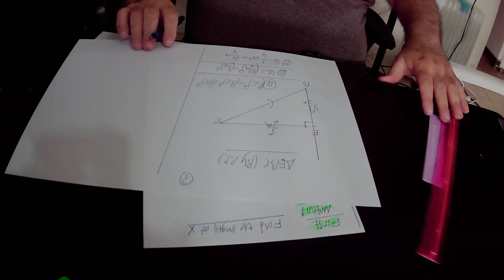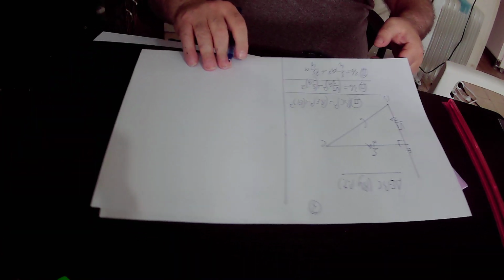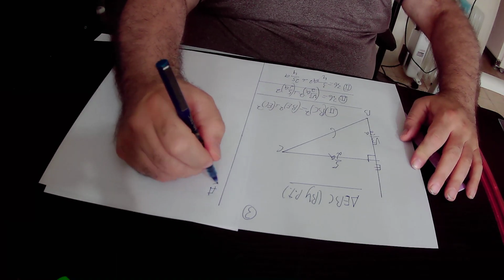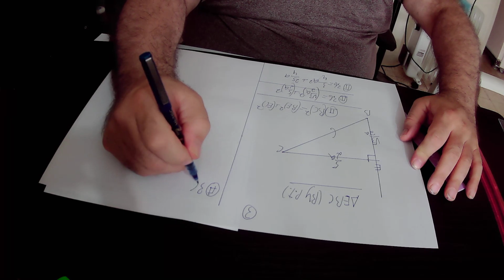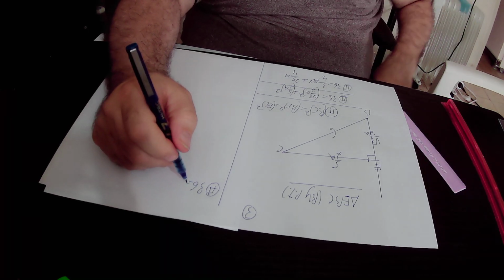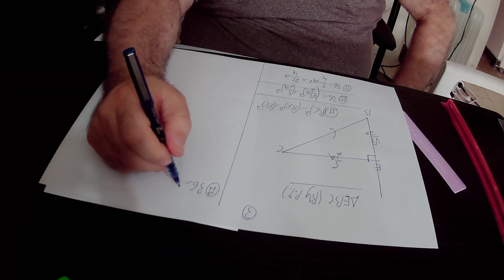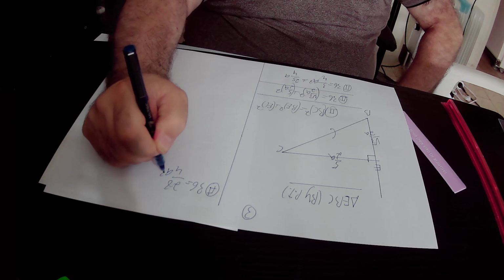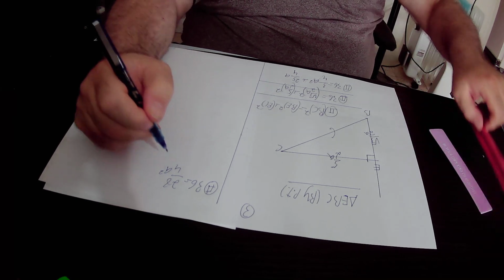So according to equation number 2, we find out that 36 equals 3 quarters plus 25 quarters equals 28 quarters times a squared.